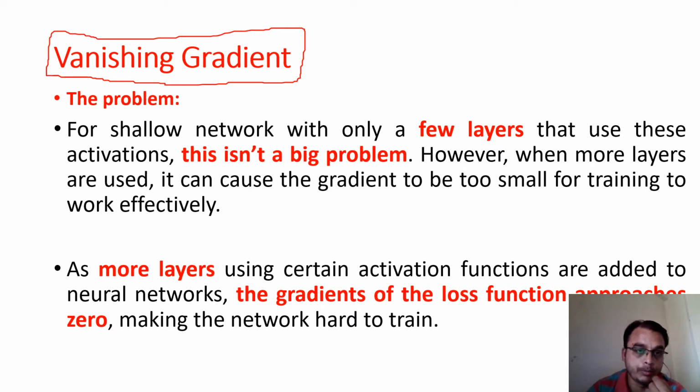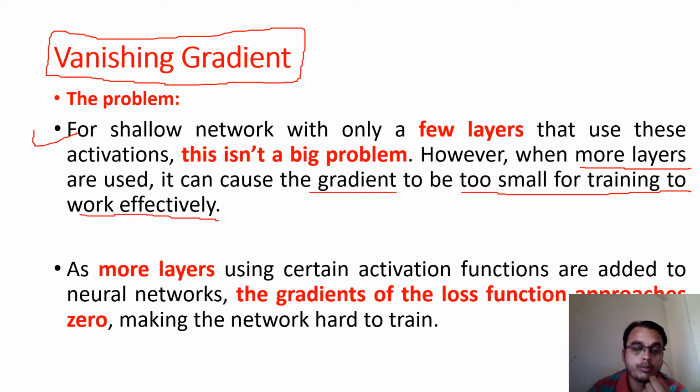Now there are two approaches. If I go with a shallow network, what does shallow stand for? I have very few layers. If the layers are few, there is no big problem. But if there are many layers, it can cause the gradient problem. The gradient will be too small to train the data very effectively.